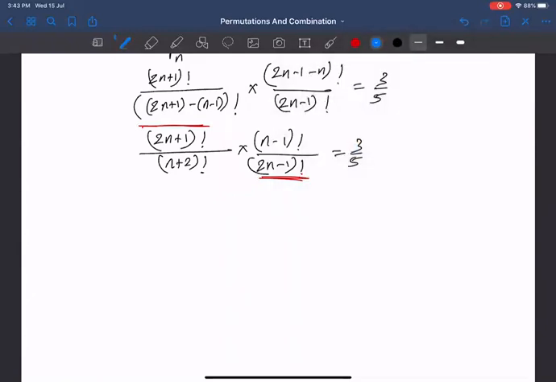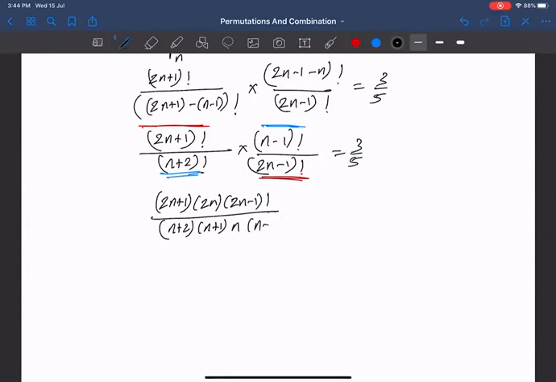Of the two, which is bigger? 2n plus 1. So you can write it as 2n plus 1, 2n, 2n minus 1 factorial over. Now which is bigger of these two? n plus 2. In this one it is n and in this one n plus 2 is bigger. So we will expand n plus 2. I'll write it as n plus 2, n plus 1, n minus 1 factorial.